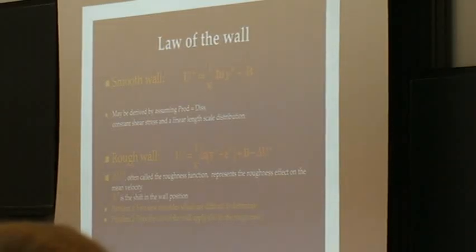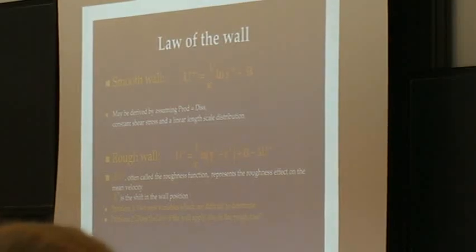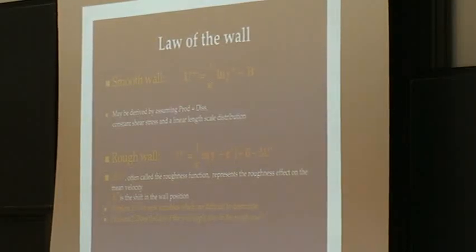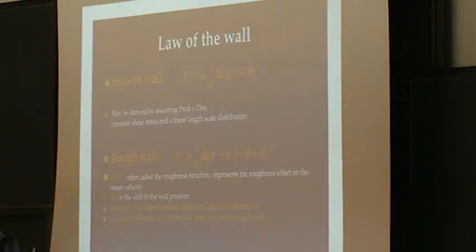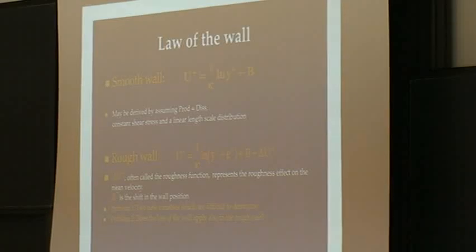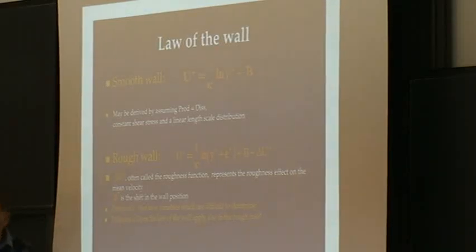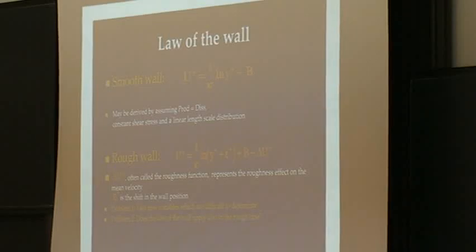And the more you kill of the sublayer, the lower is your log law going to sit in the semi-logarithmic plot, and therefore you need to determine this shift as well. And the shift is often called the roughness function because it measures the effect the roughness has on the mean velocity profile.